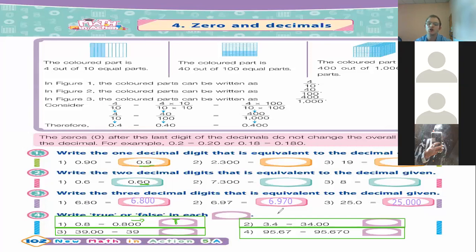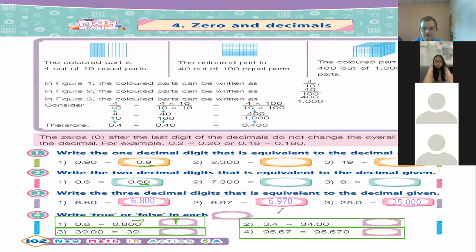True or false? Number 2. Someone give me an answer. What do you think, Jasmine? True or false? Is 3.4 equal to 34.00? False. Yes, very good.